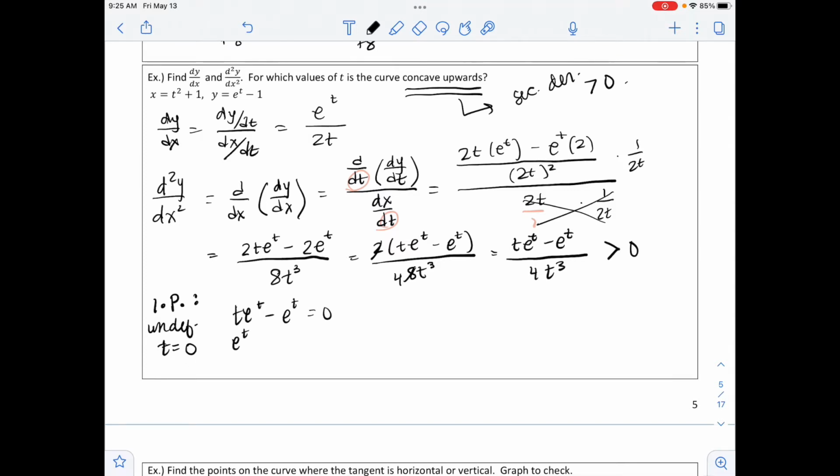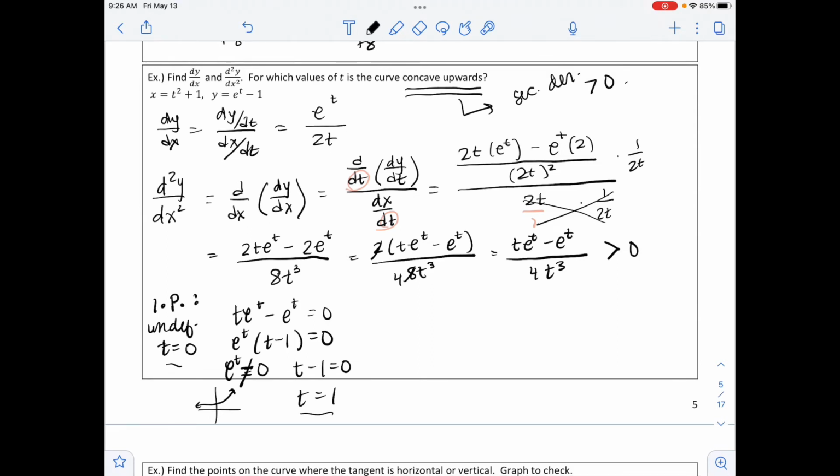So factor out an e to the t, and we have where e to the t would equal 0, and where t minus 1 is equal to 0. This solves to t equals 1. And we know that e to the t never equals 0. If you think about what that graph looks like, it never touches the x-axis. So we have two values of t with possible inflection points, at 0 and at 1.